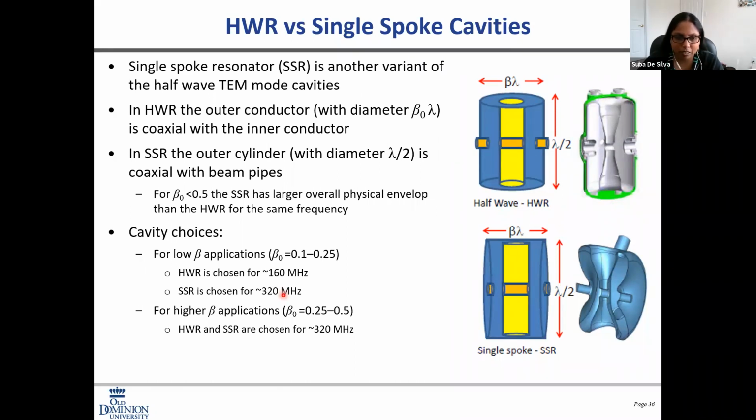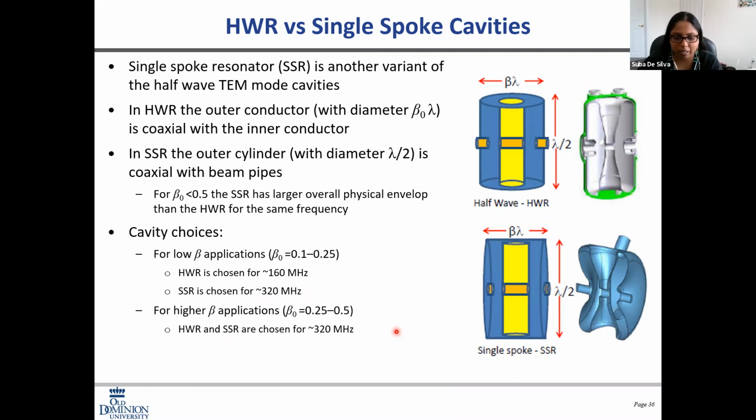Beyond that, it's quite large to manage. Even 325 is quite large, but you don't want to do spoke cavities at these frequencies at all. But for higher betas, the preferable ones are spoke cavities.